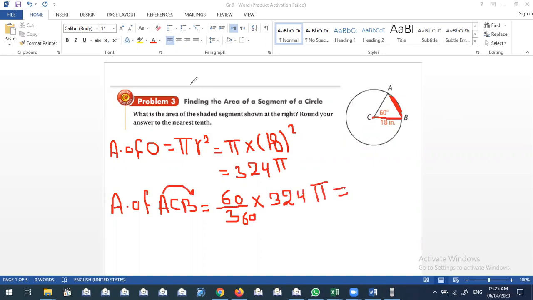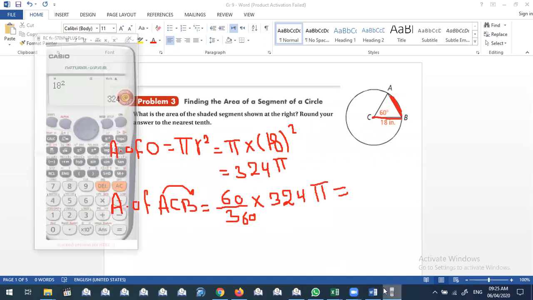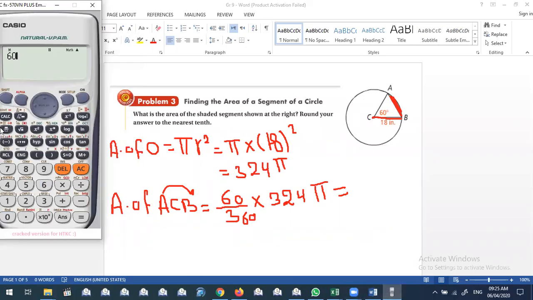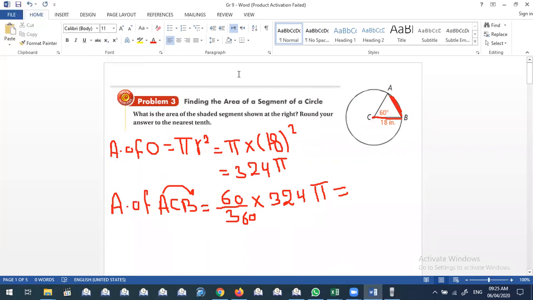Find the final answer by using the calculator. Make 60 over 360 times 324. It will be 54 pi. This is the area of the sector.